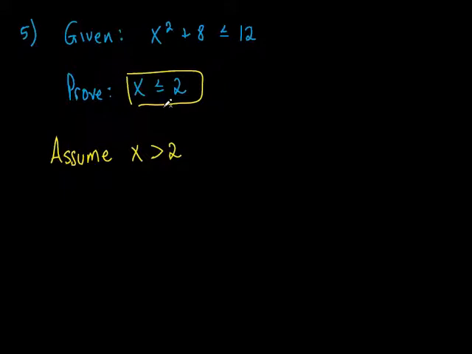Tri meaning 3. Either a number is less than another number, or greater than another number, or equal to another. Are there any other possibilities? No, not if you compare 2 numbers. You've already taken care of less than or equal to, so our only choice is greater than. Does that make sense? That's a trichotomy. So let's assume that x is greater than 2.